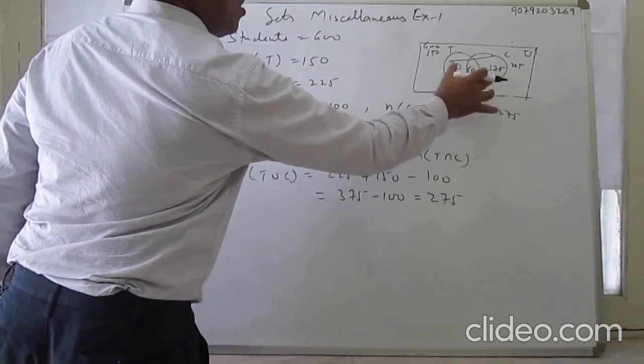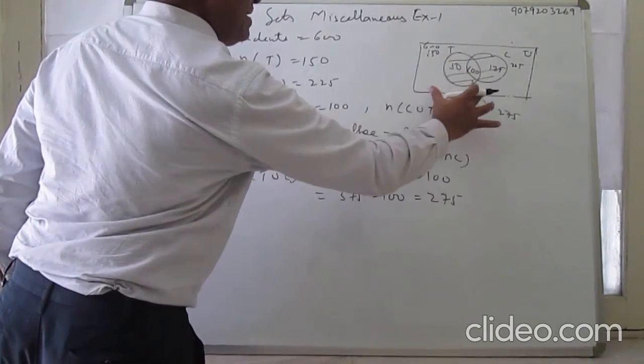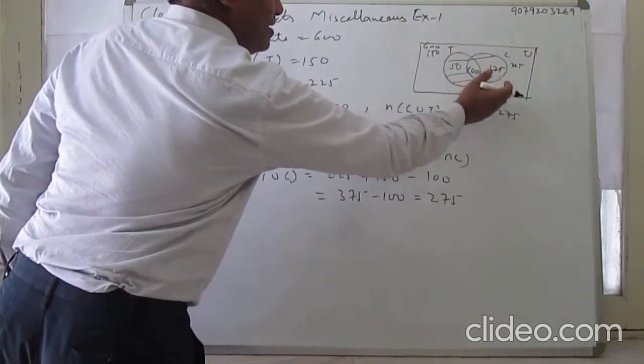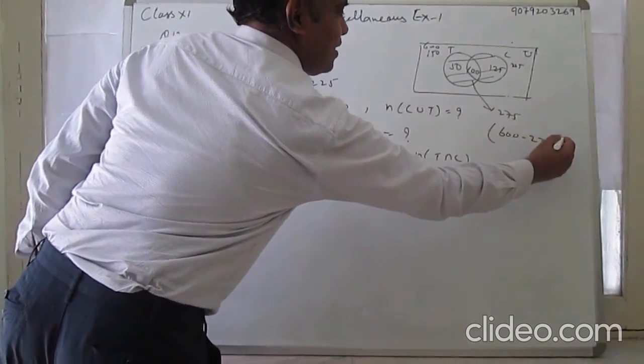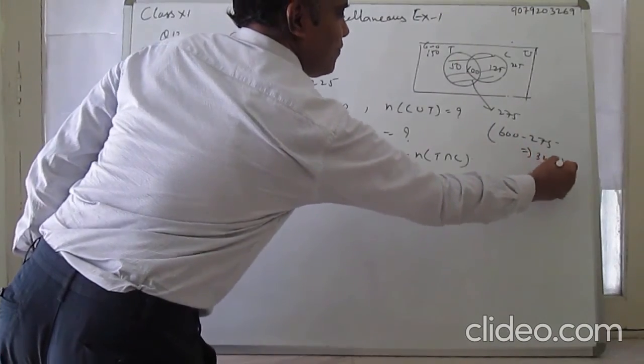So how many are taking neither tea nor coffee? Subtract T union C from 600, 600 minus 275, that is 325.